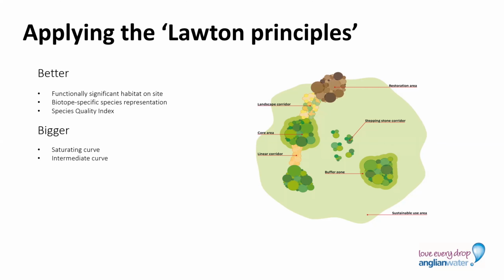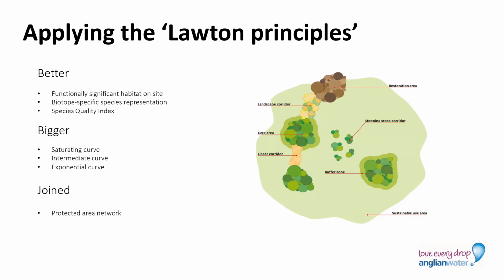An intermediate curve where smaller sites are less valuable, but medium sites are given more value, as are larger sites, perhaps because they're big enough to allow species like birds, for example, to carry out their entire life cycle on a site. Or just giving higher scores to the very biggest of sites where a high degree of habitat heterogeneity is available to allow a degree of wildness on our sites.